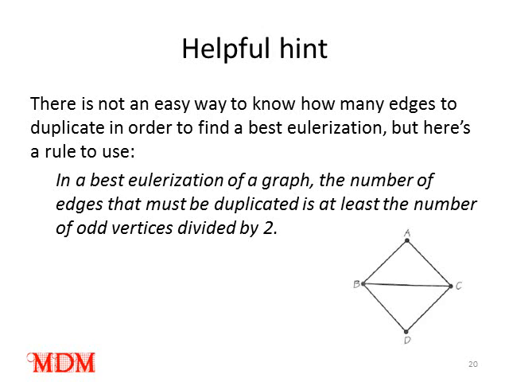Now notice that in this particular graph, B is an odd vertex, C is an odd vertex. So if we take the number of odd vertices, which is 2, and we divide by 2, we get 1. What this helpful hint tells us is that we must have at least one duplicated edge in order to have an Euler circuit. And we know that we found that by duplicating BC.